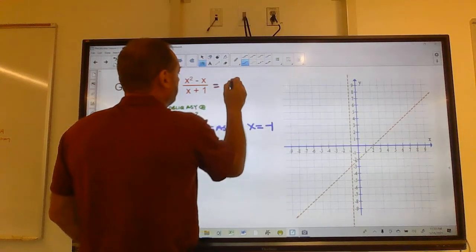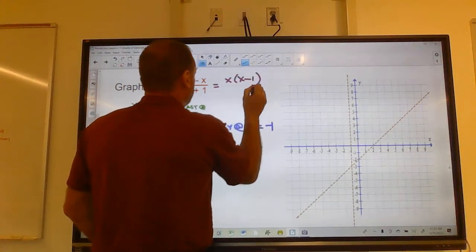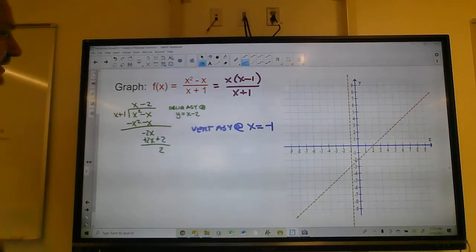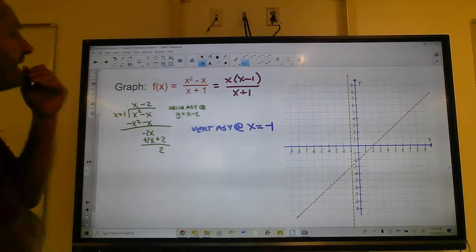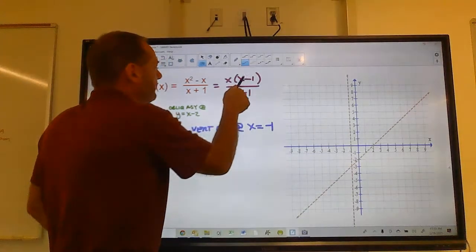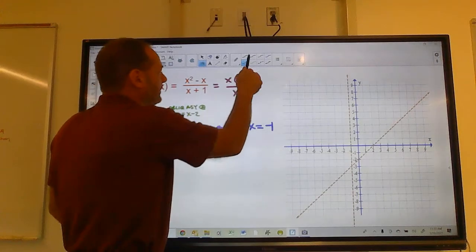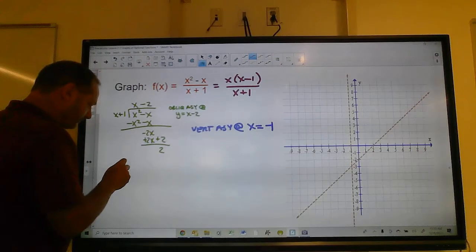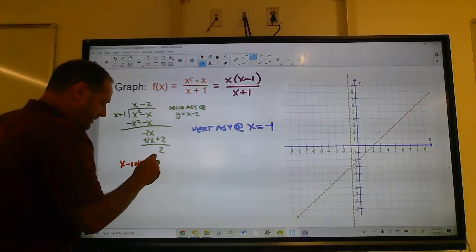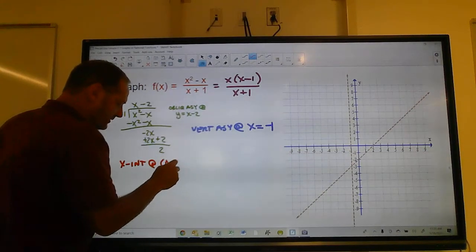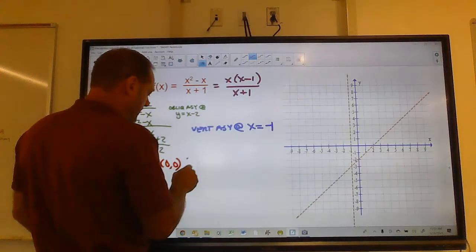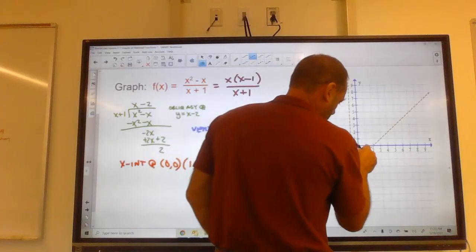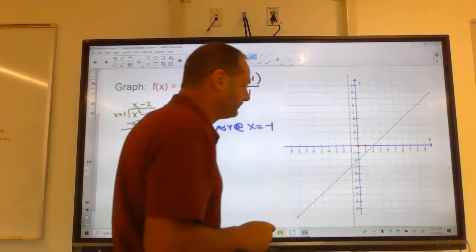So this would be x times x minus 1 on the top, and x plus 1 on the bottom. So there's no holes, fortunately. And it's going to have zeros wherever the numerator is 0, which is at 0 and at 1. So this will have x-intercepts at 0, 0 and at 1, 0. So we go ahead and put those on.